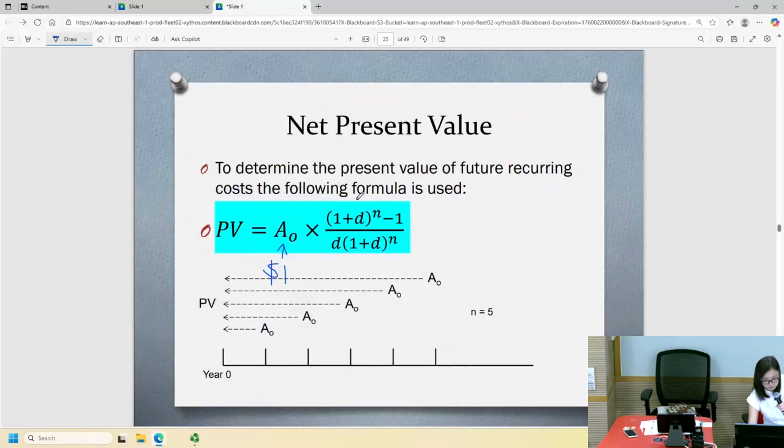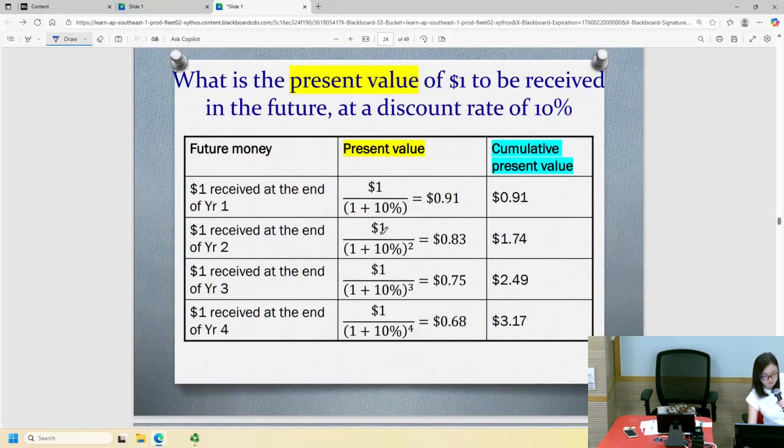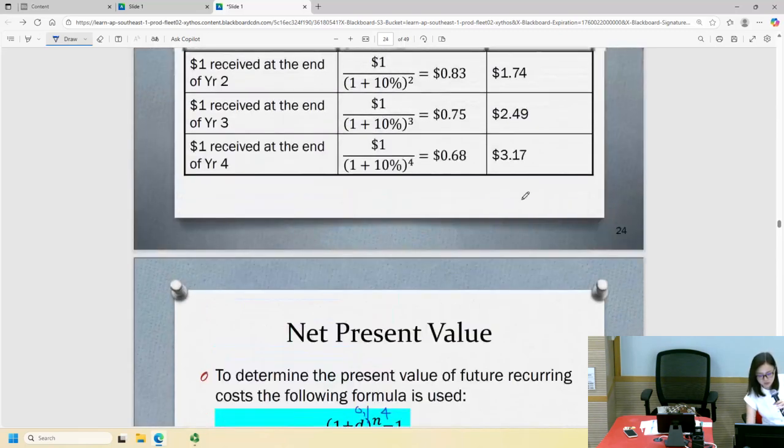So this D would be 0.1, and then this D also 0.1, and N, 1, 2, 3, 4, so the number of years would be 4, and this one also 4. So we may use this equation, and if you use the calculator, it will equal 3.17.